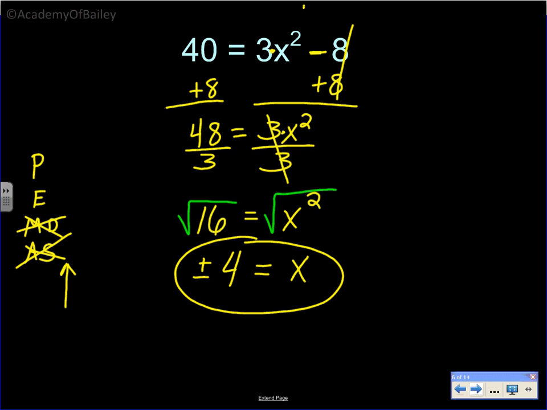And remember, you can take 4, plug it back in there for x, and on the right side of the equal sign, you'll get 40. And you can also then take negative 4, plug it in there, and you will get positive 40 also.